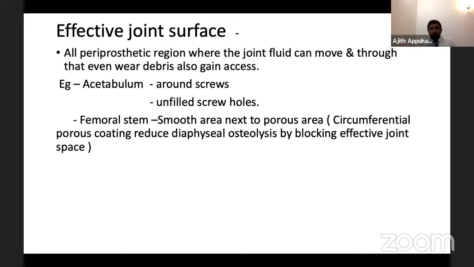There is a possibility he will ask what is effective joint space, and through that he will direct your viva discussion to osteolysis and then implant loosening. So it's important you know what effective joint space is. All the periprosthetic region where the joint fluid can have access, can move, and where all wear debris can also gain access, is called effective joint space.